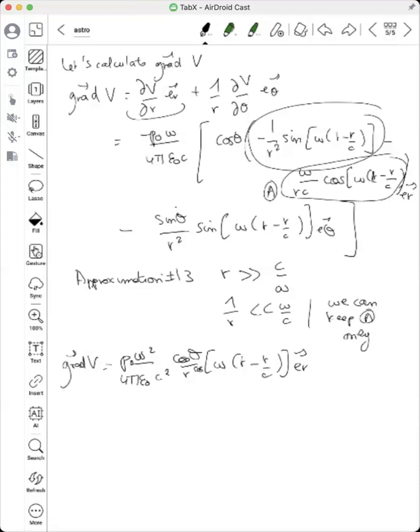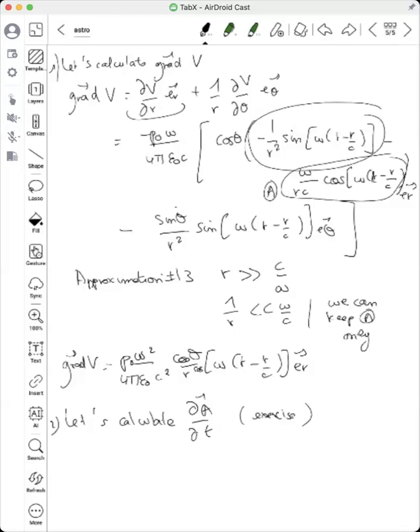Okay? But this is only one of the terms I need to derive the field, right? It's not enough. I also need the vector potential. So now, this was 1, this was 2. So let's calculate dA over dt. Okay, and this I will let you do as an exercise.